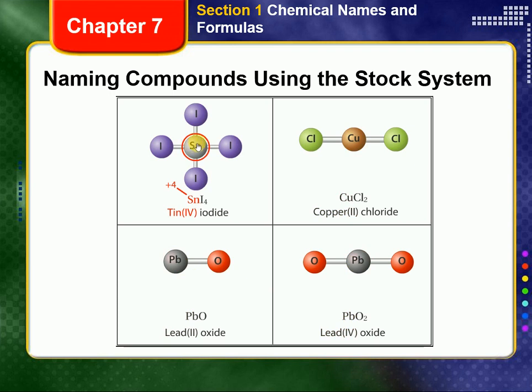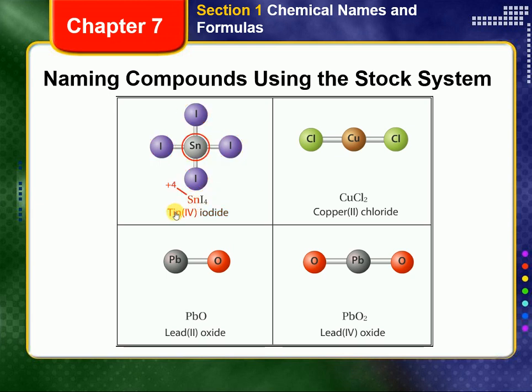So we have tin. Tin can form a +2 charge or a +4 charge. How do I know which charge it is in this particular compound? I write tin and Roman numeral 4 in parentheses. That indicates that the tin has a +4 charge. Now, in order to balance out that +4 charge, I need 4 species of the -1.